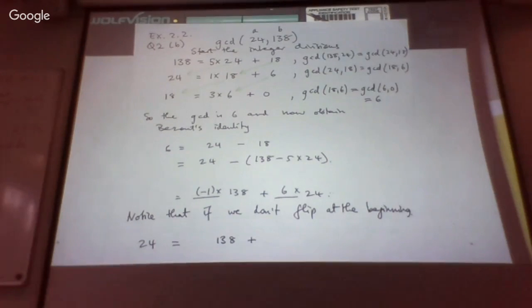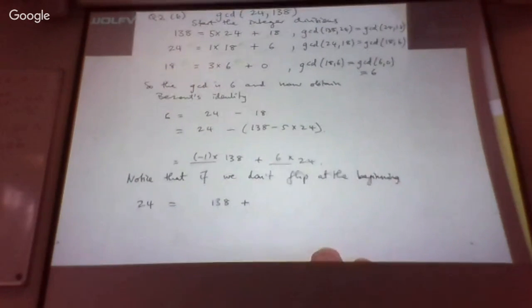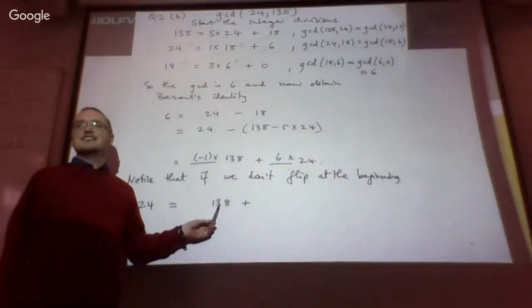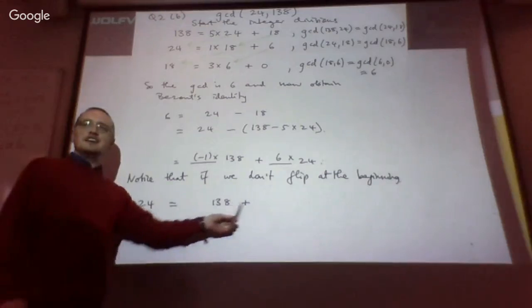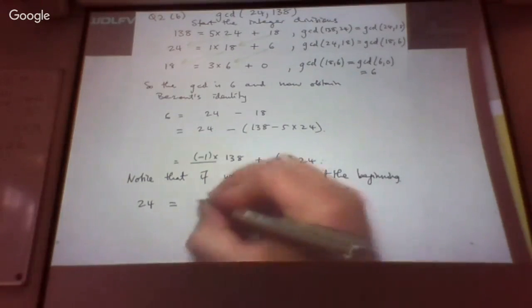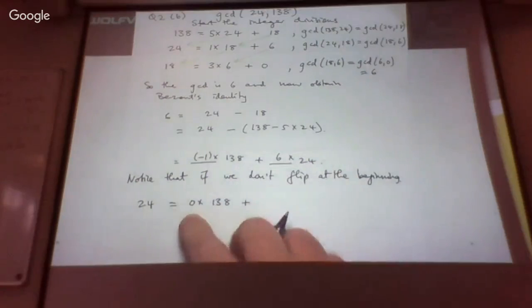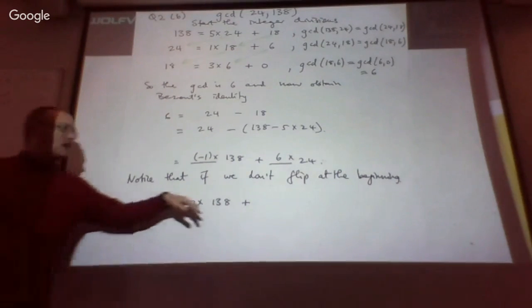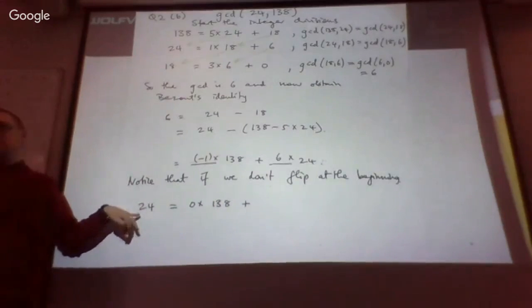Well, I think I disagree. So how do you divide 24 by 138? Can you divide it and get an integer remainder? You're right in a sense. You can't divide 24 by 138, but that is really the same as saying that the quotient is 0. There are no 138s in 24.